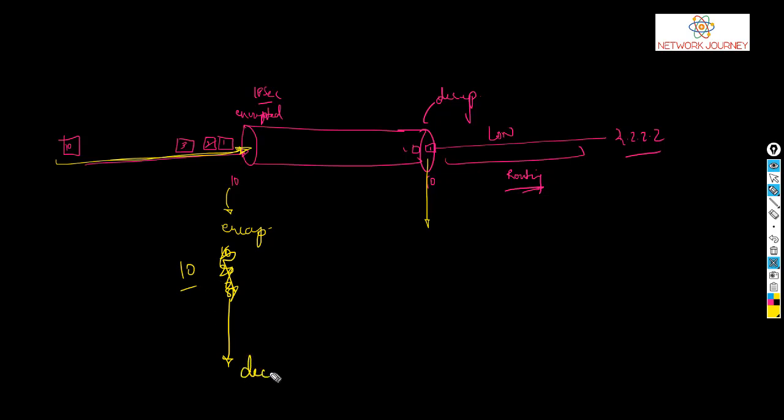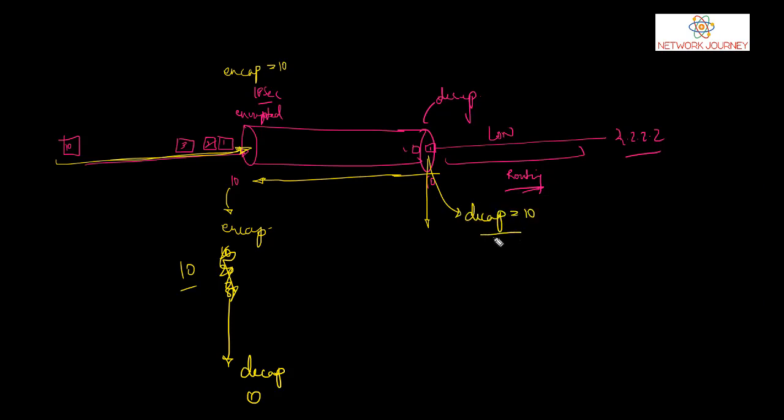When you see decaps to be 0, that means the return traffic is not coming back. Or I can say it this way: if encaps equals 10, that means the same traffic on the other side is decaps equals 10. So you are encapsulating 10 and decapsulating 10.